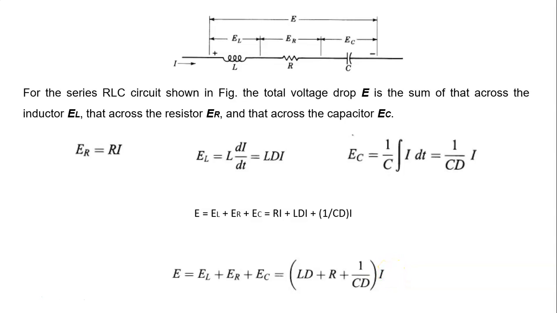Next, the charge Q is the time integral of the current, that is Q is equal to 1 upon D into I. 1 upon D is known as integration.